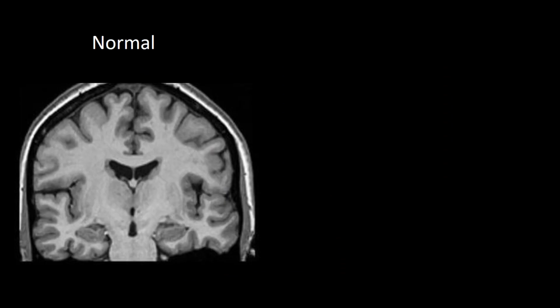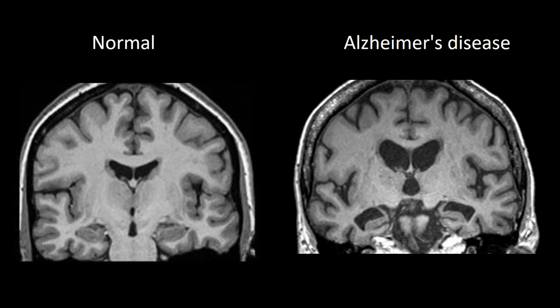In this frame, you can see a normal coronal MRI. Notice the small size of the temporal horns of the lateral ventricles and the large masses of gray matter that constitute the hippocampus. I now introduce the MRI of a patient with Alzheimer's disease.